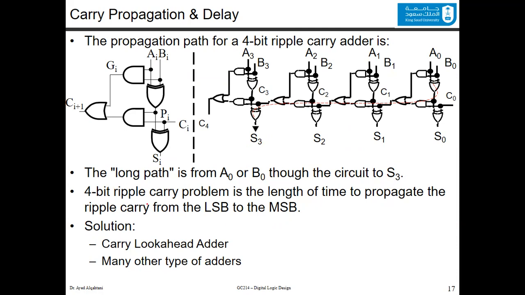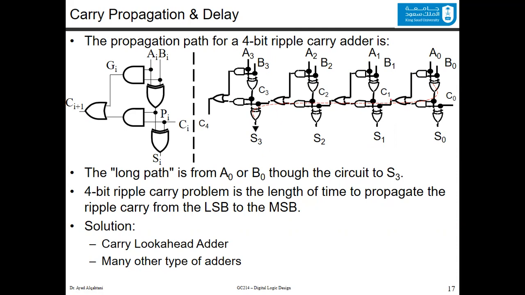The 4-bit ripple carry problem is the length of time to propagate the carry from the least significant bit to the most significant bit. So you can see that it takes a long time. Also, if you have several bits, instead of from 0 to 3, let's say from 0 to 31, then you will have a long path of AND, OR, AND, OR, AND, OR.